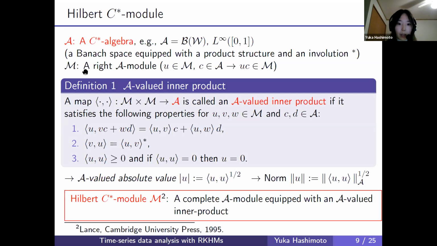And let M be a right A-module. A right A-module is a generalization of a vector space. And the scalar product in a vector space corresponds to the multiplication of an element c from C to a vector u from the right.